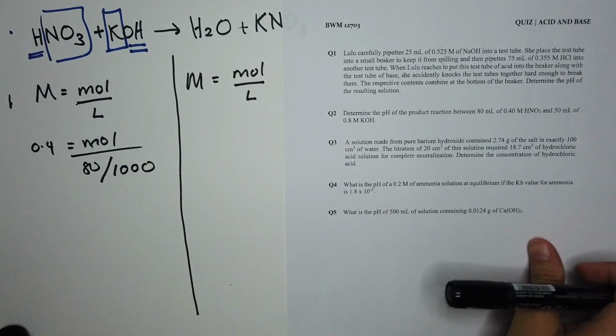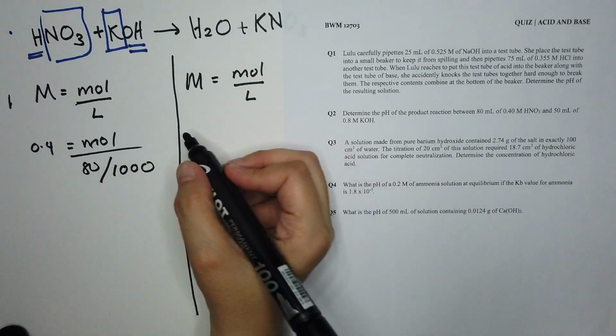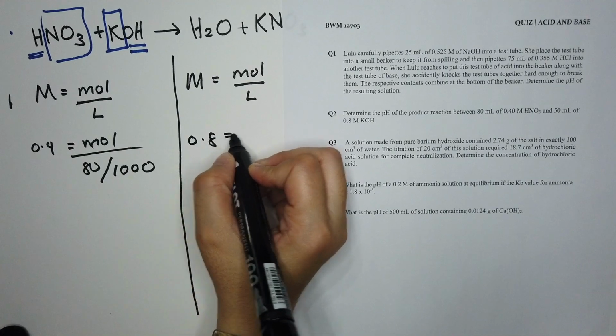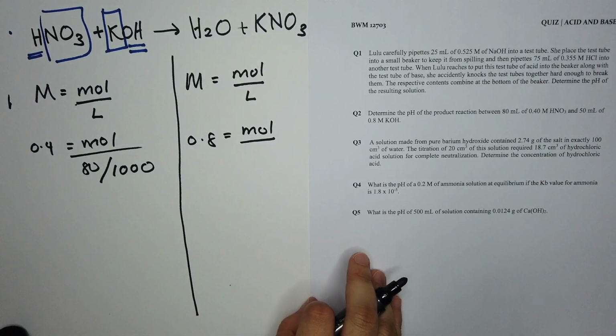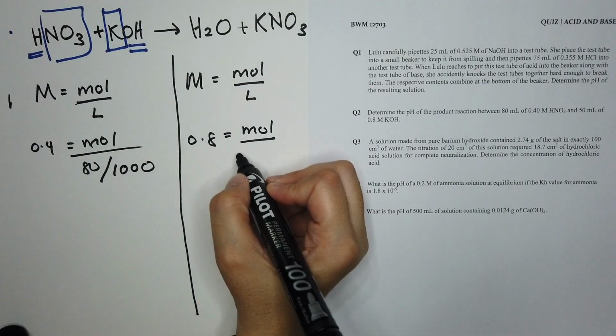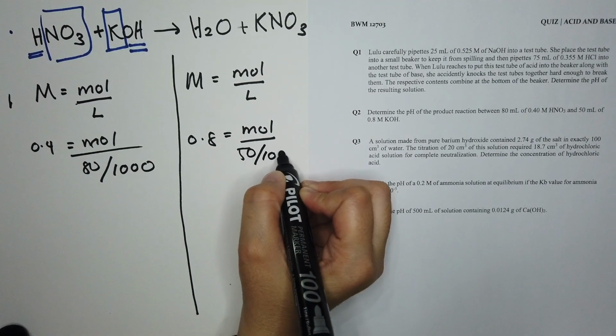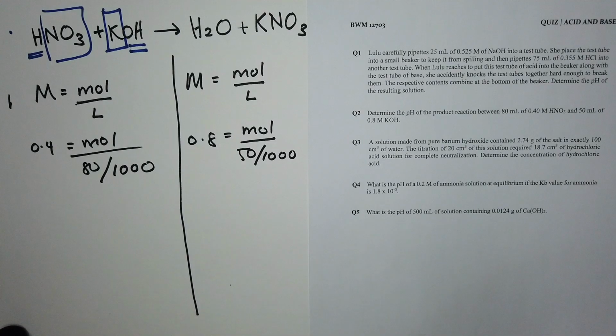The other one is KOH, the molarity is 0.8. The number of moles is the one that you want to calculate, and the volume is 50 ml, so divided by 1000.